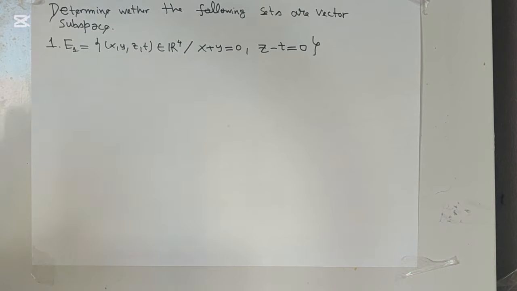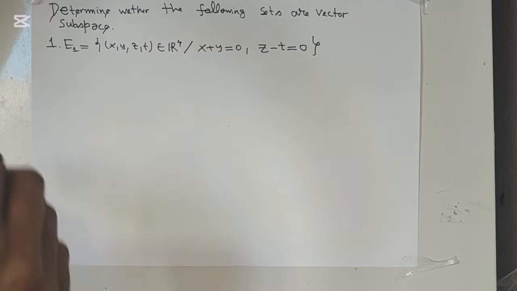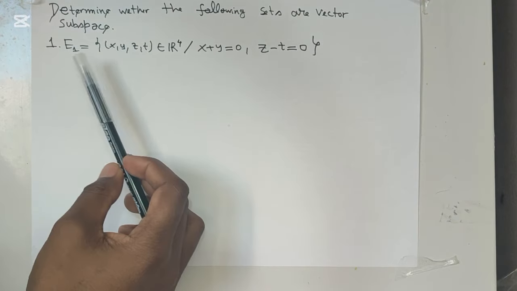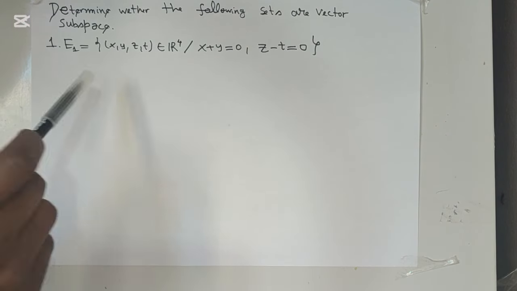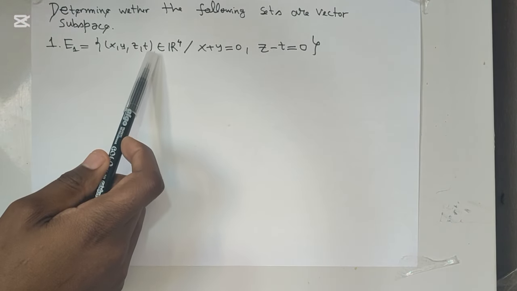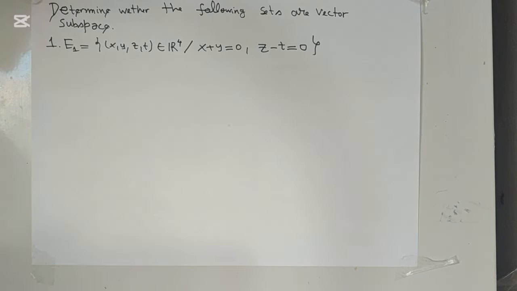So let's break it down. We saw the first property, which is the set must contain the zero vector. So let's see if this set contains a zero vector. So that our set contains the zero vector, it means all these four components must be equal to zero, right?